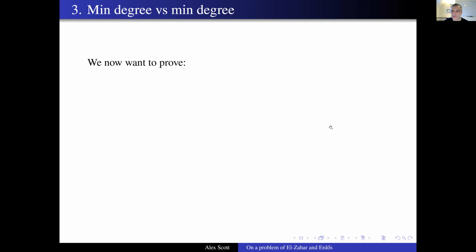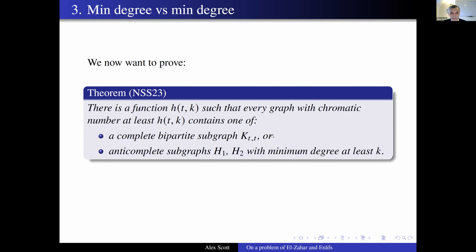Right, so we've seen that large chromatic number gives you either a large clique or a pair of subgraphs, one of which has large minimal degree, one of which has large chromatic number. And now, the same typo, I'm sorry, it's going to come up again. So this should be large minimal degree rather than large chromatic number. There's a function h.